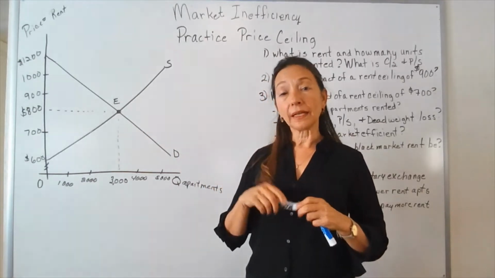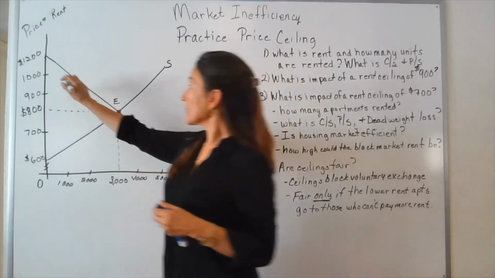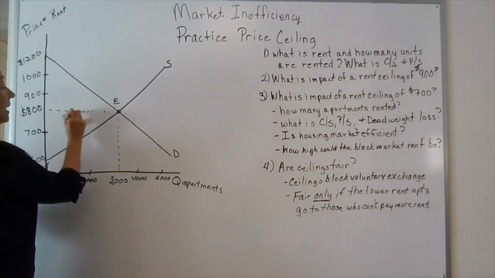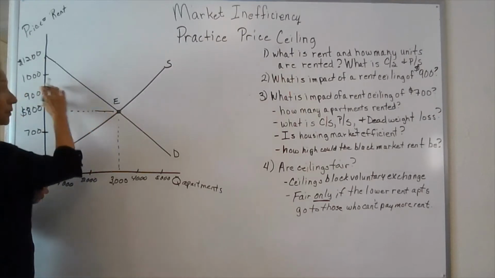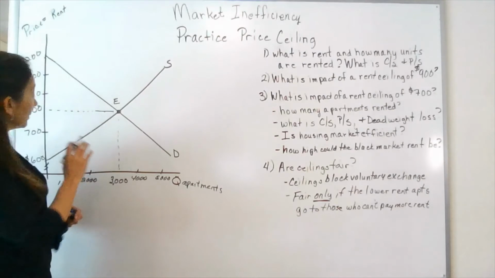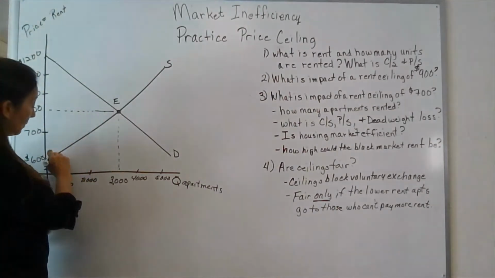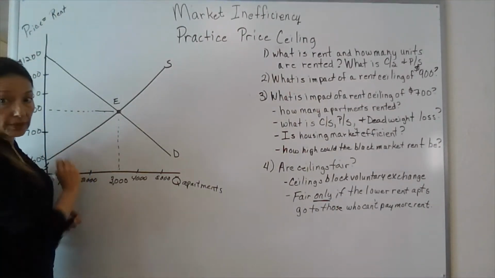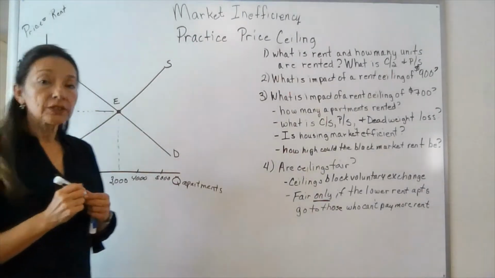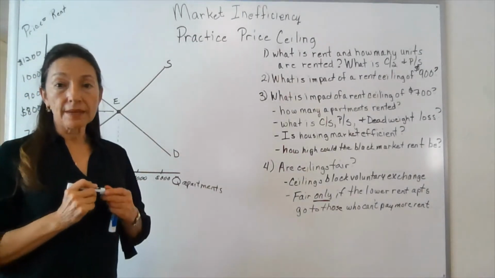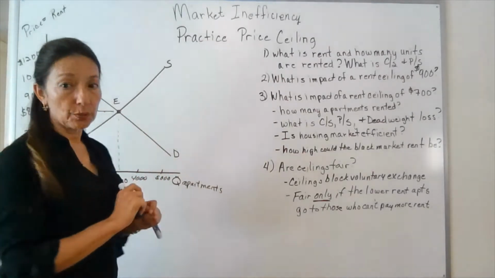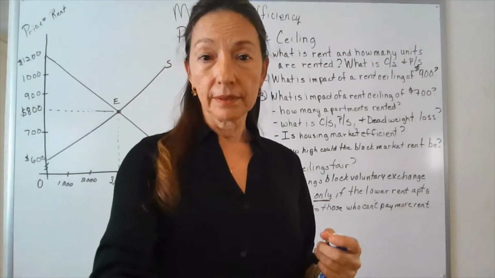So remember that consumer surplus is the triangle underneath the demand curve and above the market price. So we're going to find consumer surplus here. And then we're going to find producer surplus, which is the triangle above the supply curve and below the market price. So let's start with finding the consumer surplus amount.